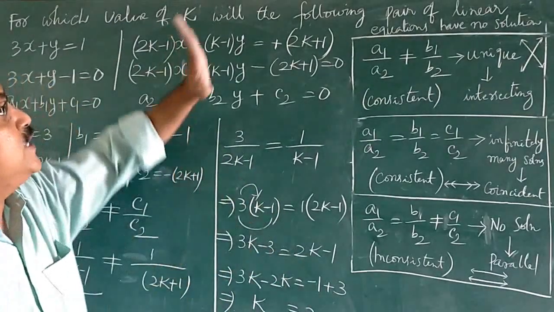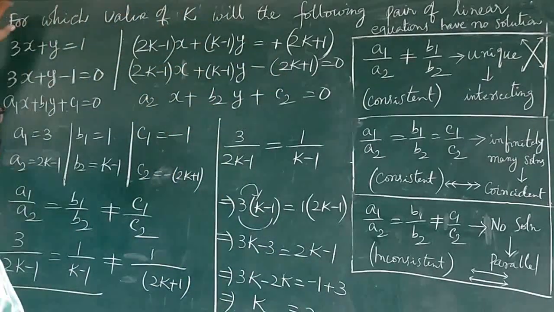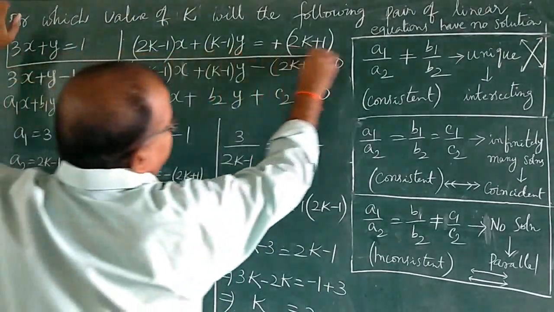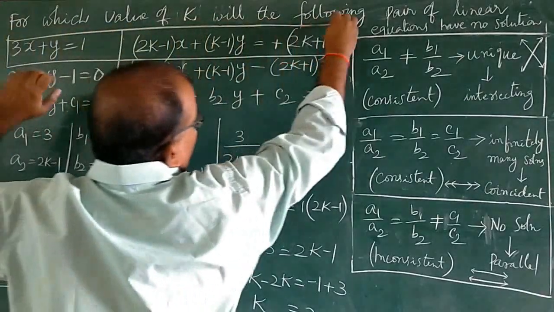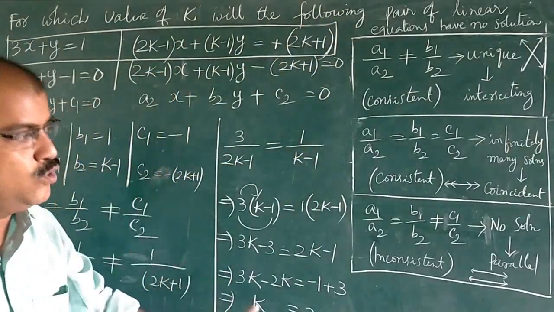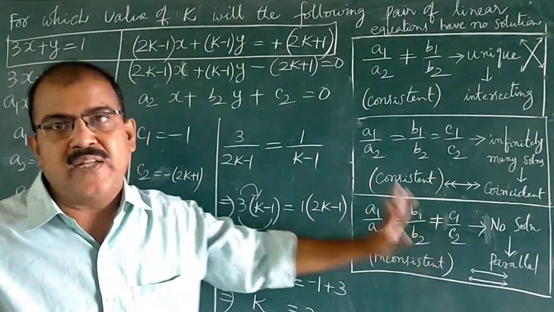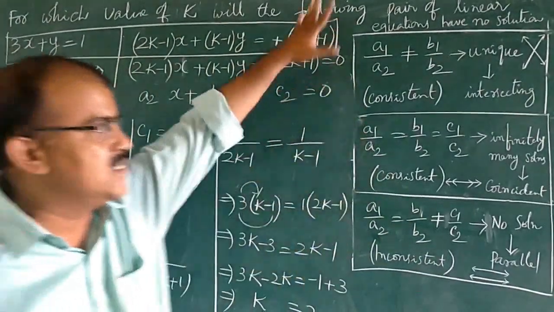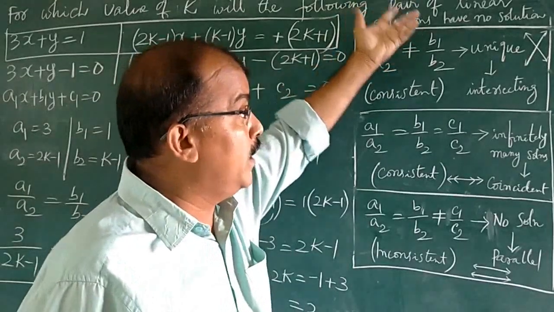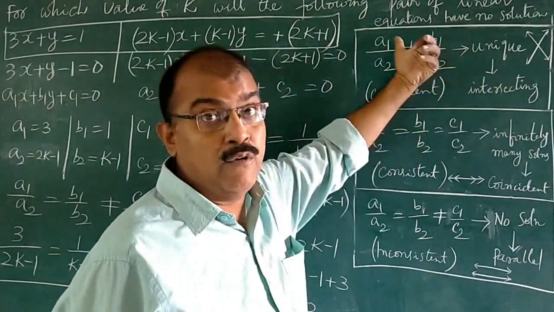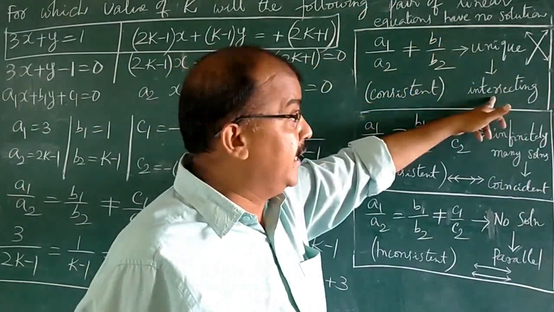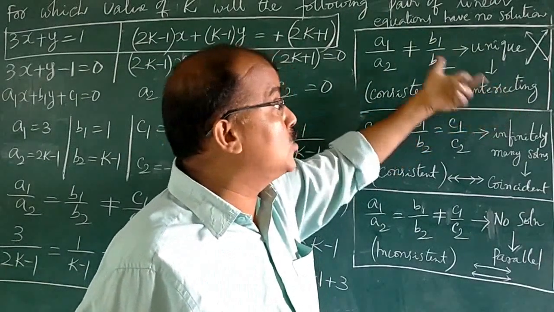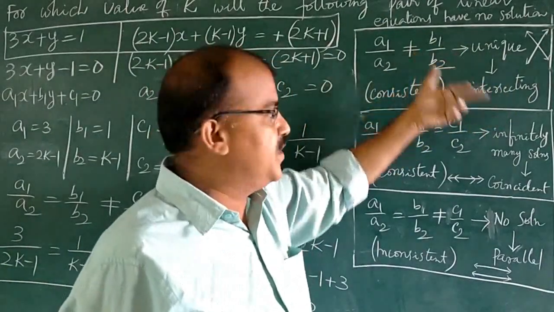When k is equal to 2, this pair of equations has no solution. So these three are very important models. This is the first model. Sometimes they may ask intersecting also; you have to use this condition only. The graphical condition is intersecting, and for graphical also you can use the algebraic condition.